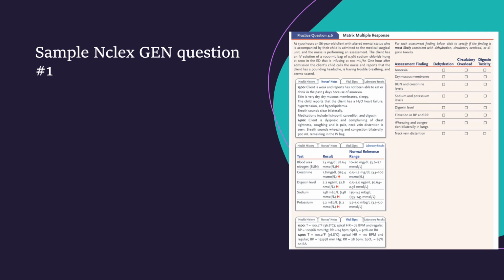I hope that you made that connection. So that would be circulatory overload. Wheezing and congestion bilateral in her lungs, that's circulatory overload. And neck vein distension, that is also circulatory overload.